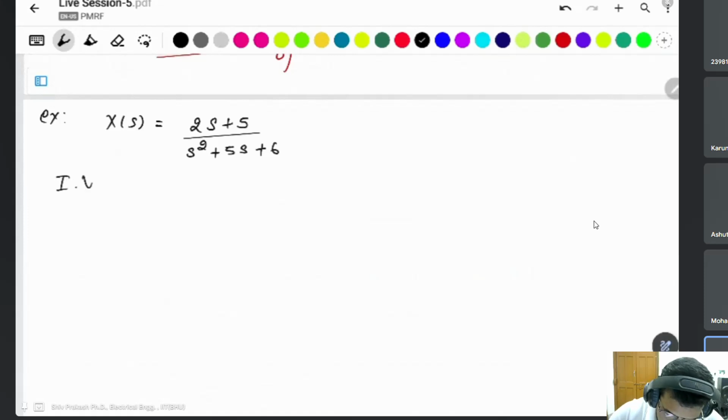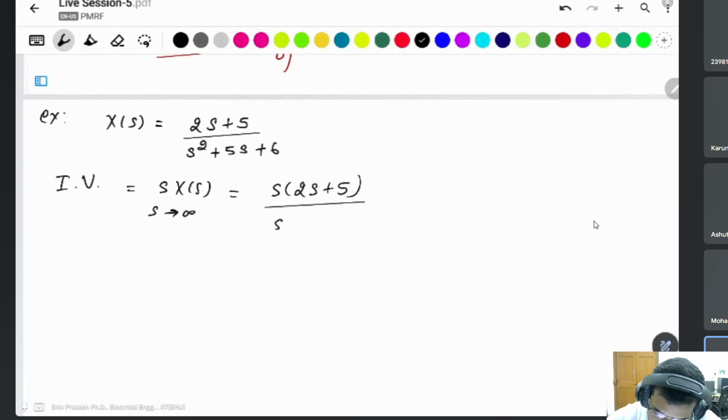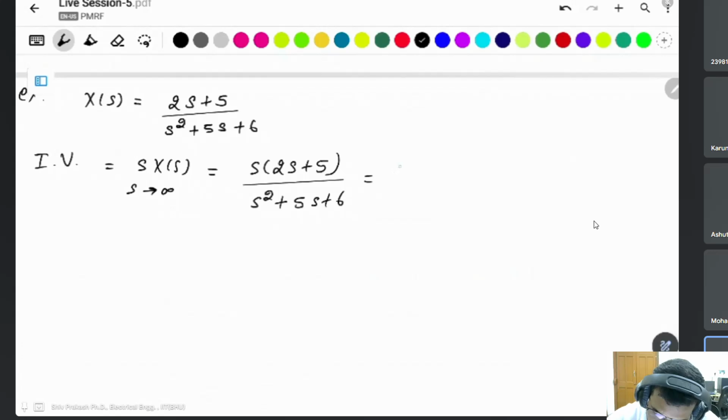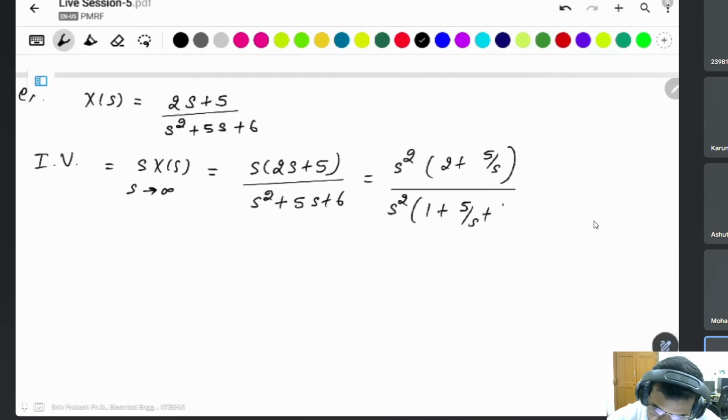What is the initial value? s X(s) and s tends to infinity. We have to take s common from both. Then this will be s square, and the numerator will be 2 plus 5 by s. Take s square common in the denominator: 1 plus 5 by s plus 6 by s square.